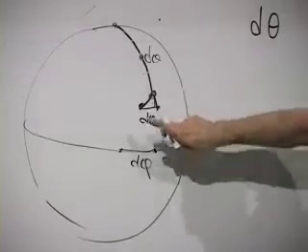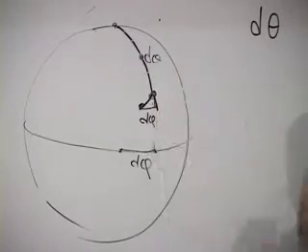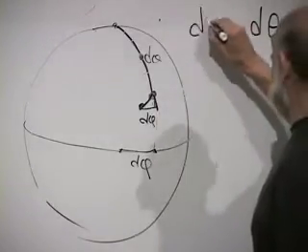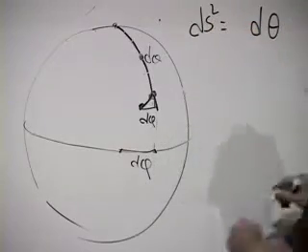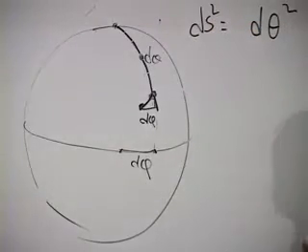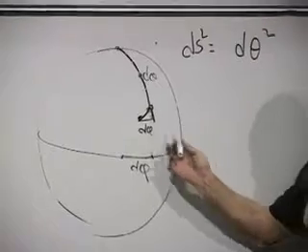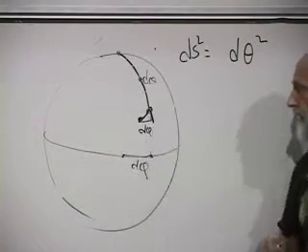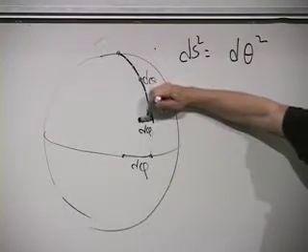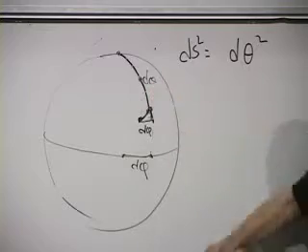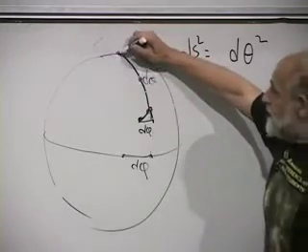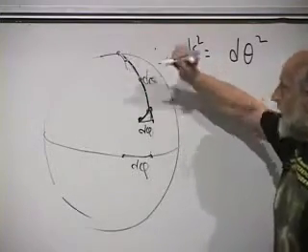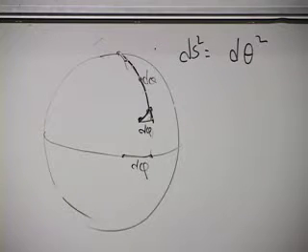And so we're going to use Pythagoras' theorem, and it tells us that ds squared includes d theta squared. But what about d phi squared? Is d phi the actual distance along the other leg of the triangle here? No. A given d phi up near the North Pole corresponds to a small interval.